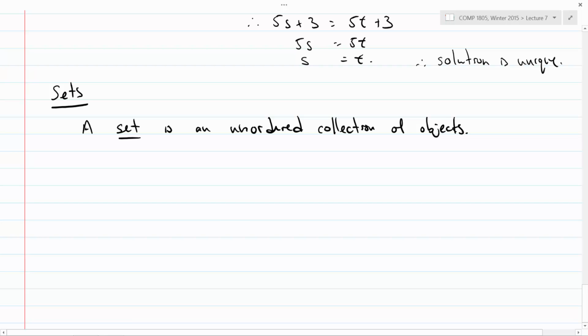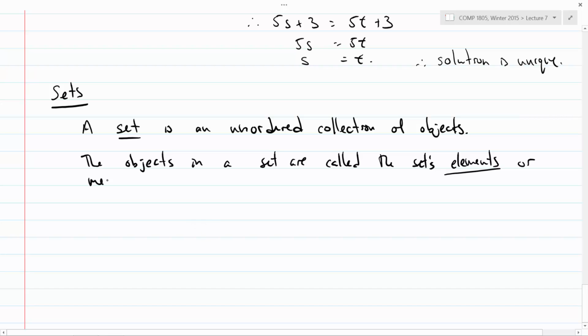That's what a set is. So the objects that you have inside of a set are called the set's elements or members. And they're usually listed inside braces.